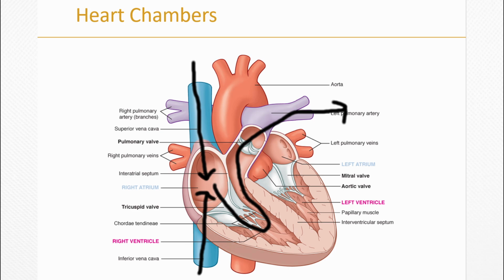So this left pulmonary artery and right pulmonary artery, they receive blood from the right ventricle, as I mentioned before, and then they will send blood away from the heart towards the lungs. Pulmonary means lungs, and again, arteries send blood away from the heart.